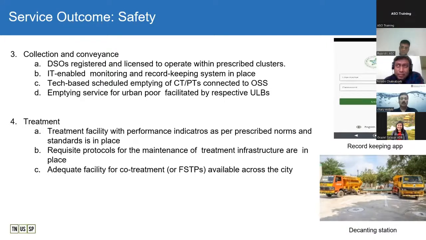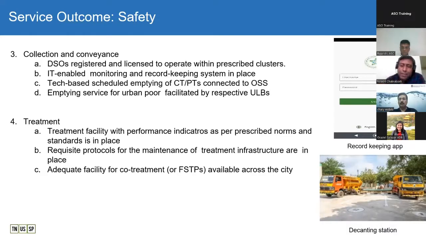Plus, in CWIS Trichy, we have demonstrated some IT-enabled tools for monitoring, like one picture you can share, which basically records digitally all the loads coming to the various decanting stations across the city. Similarly, another app has been introduced which helps in periodic dislodging of bulk generators, where you deploy their trucks.